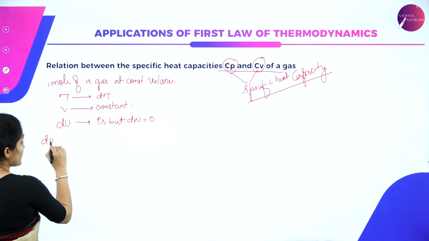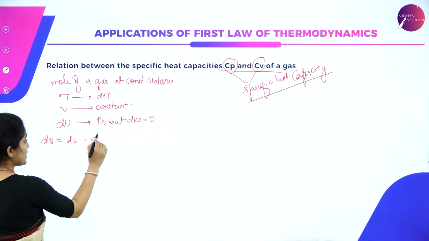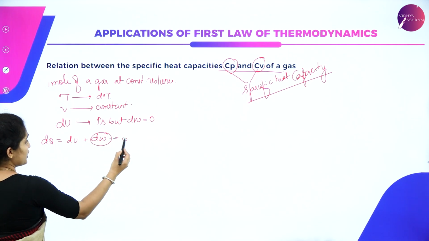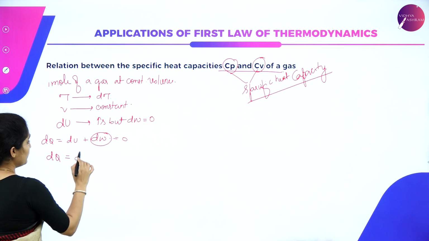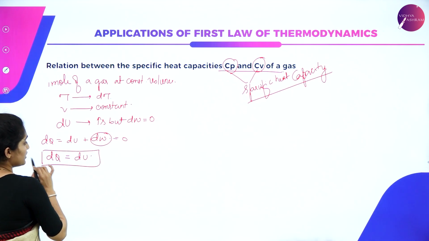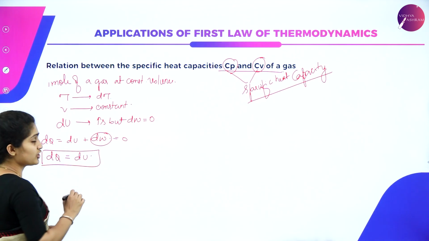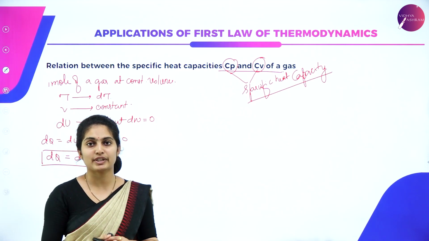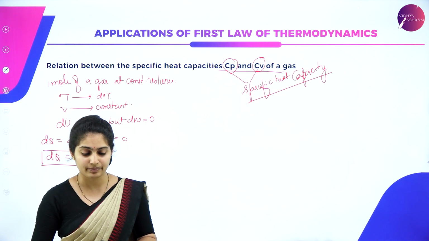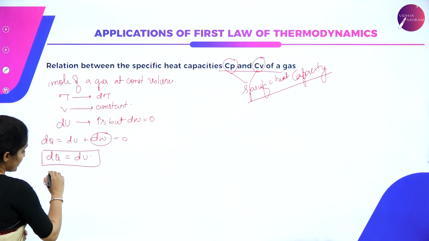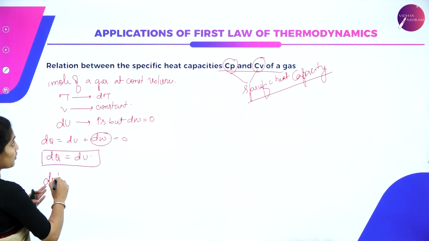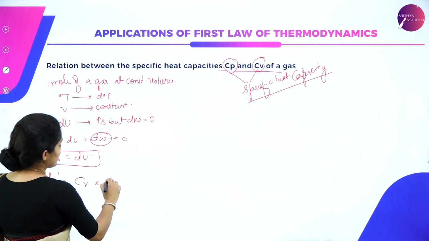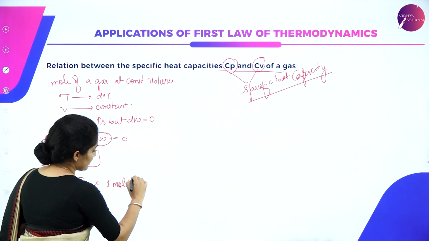So according to the equation dQ = dU + dW, the work done is 0, so dQ is equal to dU. The heat energy that is supplied is used to increase the internal energy. Now, when the heat dQ' is supplied at constant volume, there is a rise in temperature for 1 mole of a gas.